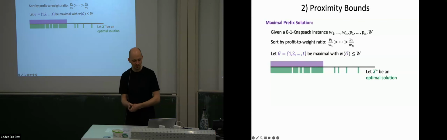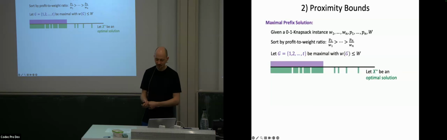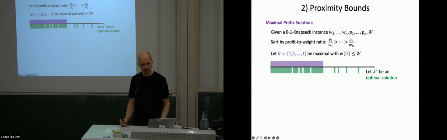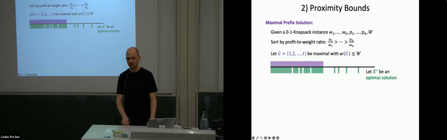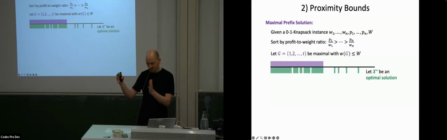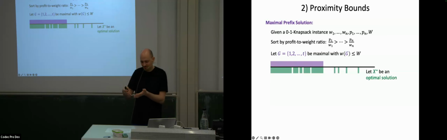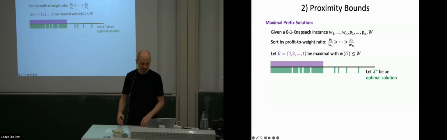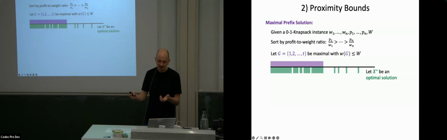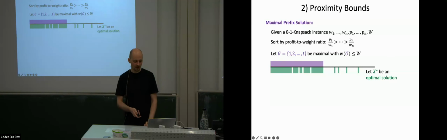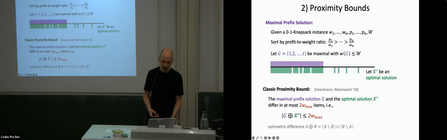So let's fix an optimal solution. Intuitively, it should look kind of similar to this maximal prefix solution, right? The maximal prefix chooses items with a large profit to weight ratio. The optimal solution better also chooses items with large profit to weight ratio. So intuitively, they should not differ by a lot. And this one can actually prove.